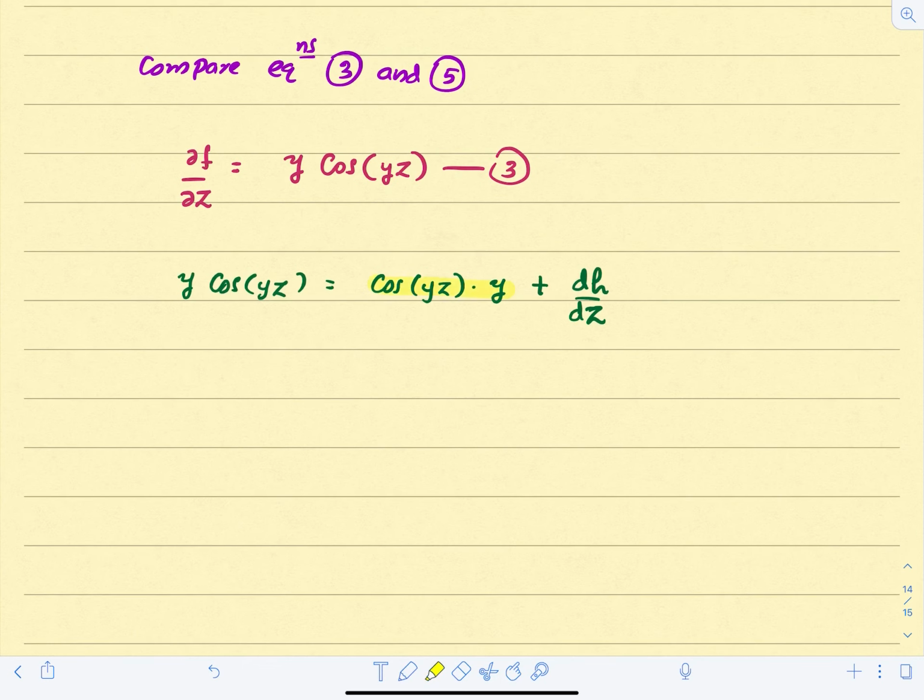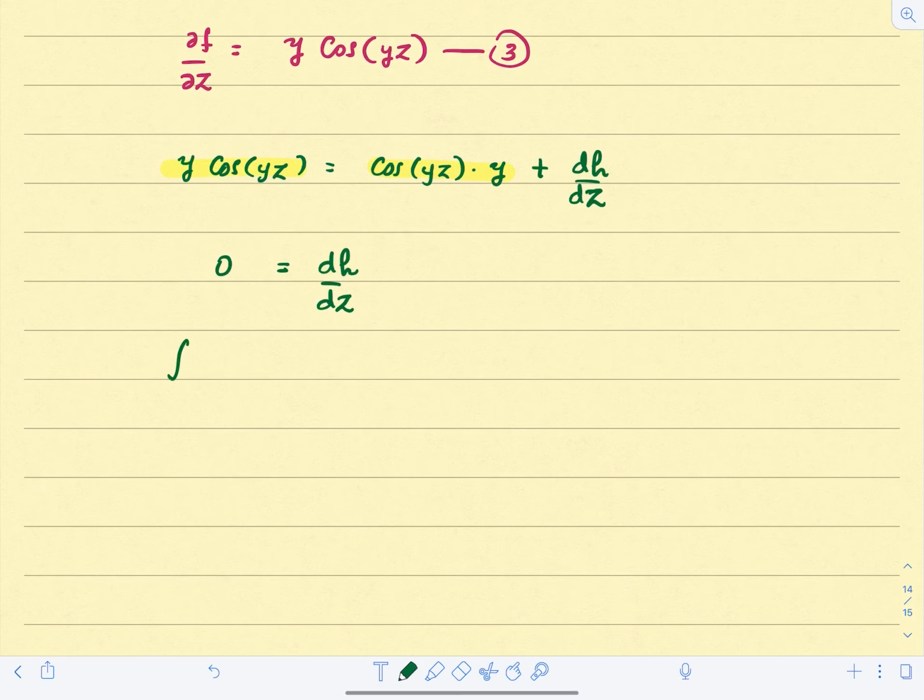Now we can cancel this with that. Finally, we have the derivative of h with respect to the z variable equals 0. So now let's integrate both sides with respect to the z variable. The right hand side is h of z. Now the integral of 0 is 0.